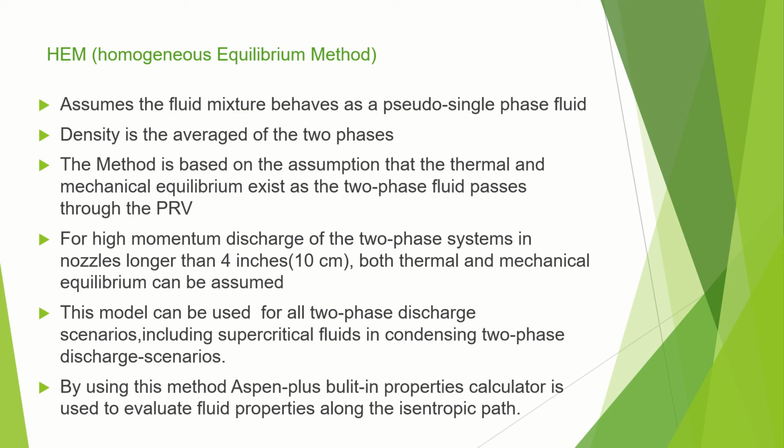Both thermal and mechanical equilibrium can be assumed according to this method. This method can be used for all two-phase discharge scenarios, that includes supercritical fluids and condensing two-phase discharge scenarios. And also by using this method, the Aspen Plus built-in properties calculator is used to evaluate the fluid properties by using the isentropic path.